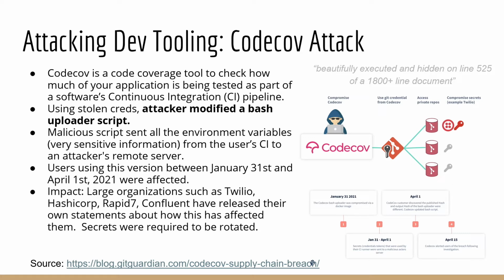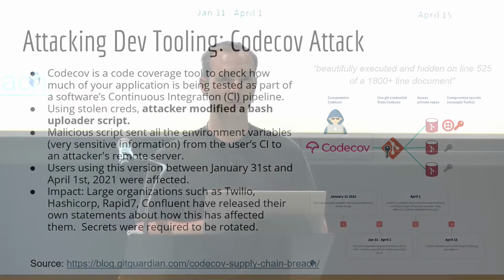Codecov had roughly around 23,000 customers and users, and anybody using this compromised version of Codecov would have been compromised. The impact of the attack was that secrets were uploaded to the attacker's remote server.